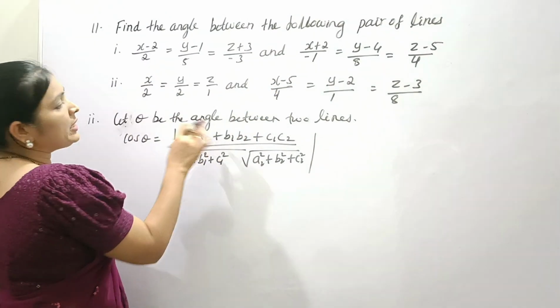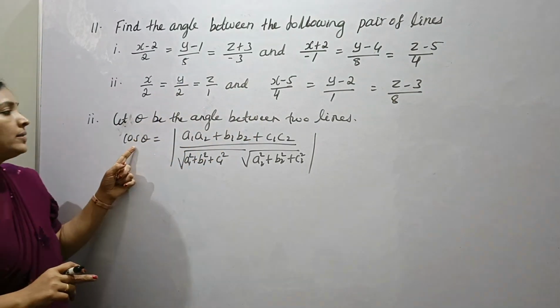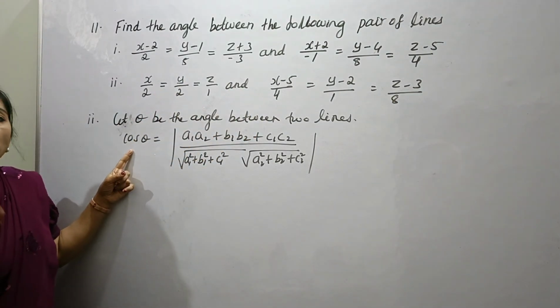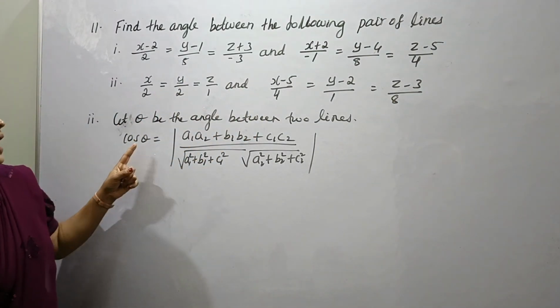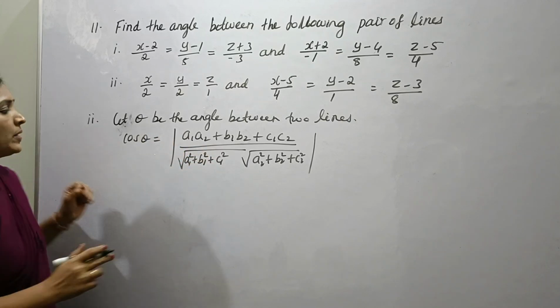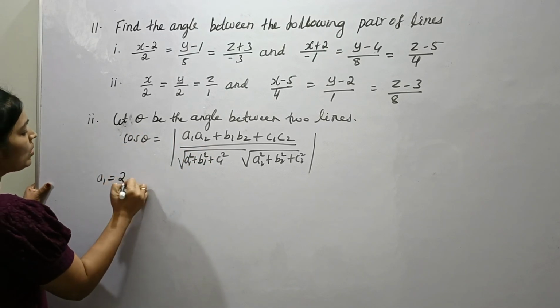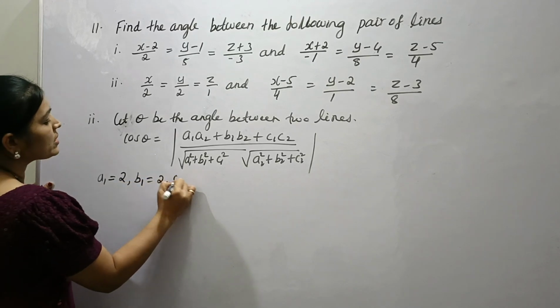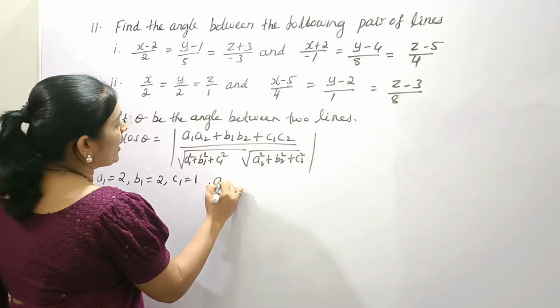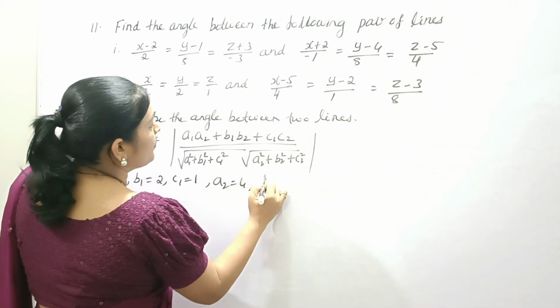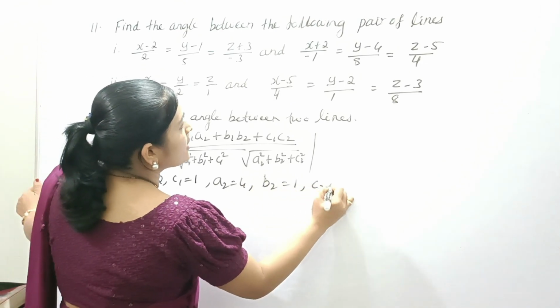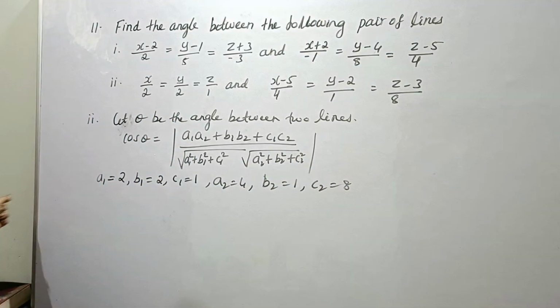Let theta be the angle between these two lines, and we will use the formula for the angle between two lines in Cartesian form. Here a1 = 2, b1 = 2, c1 = 1, a2 = 4, b2 = 1, and c2 = 8, right?